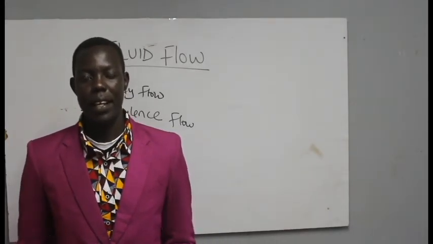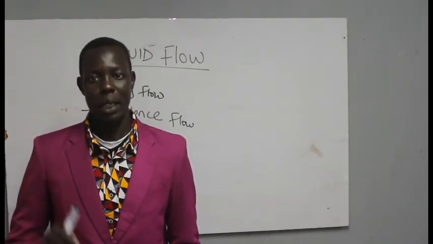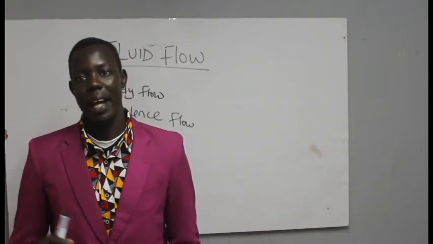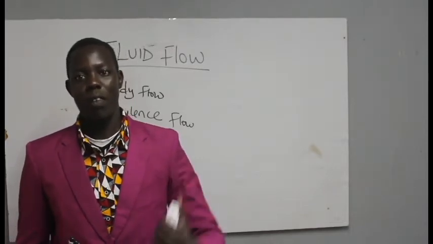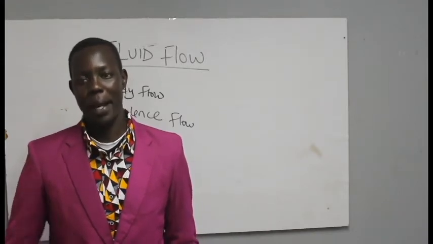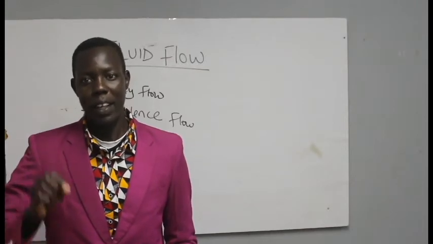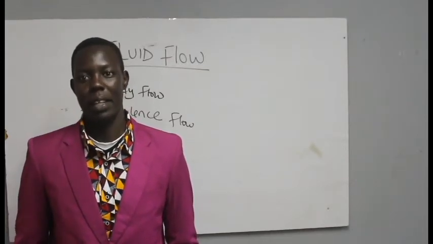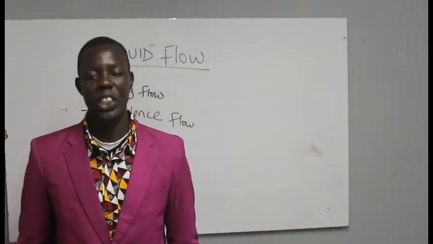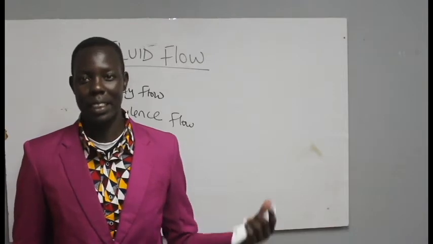If the particles are moving with the same velocity at any given point, that one will fall under the category of steady flow. Again, it is confirmed if the particles are moving in a given direction at any given time. That is, the direction does not change with time or at any given point, then that is steady flow.